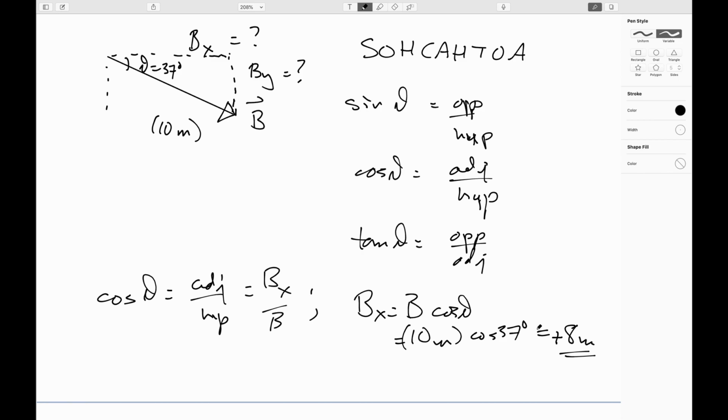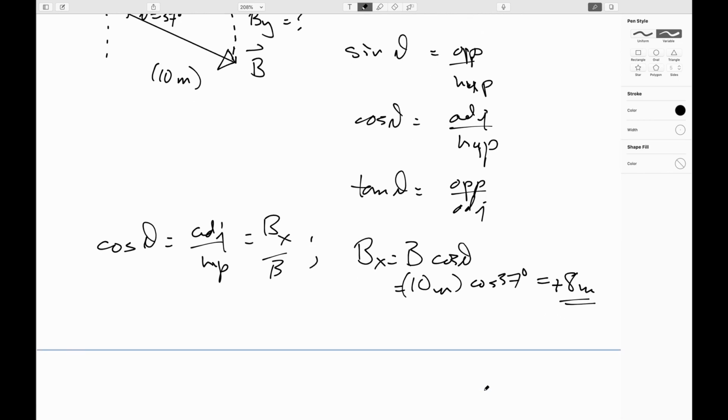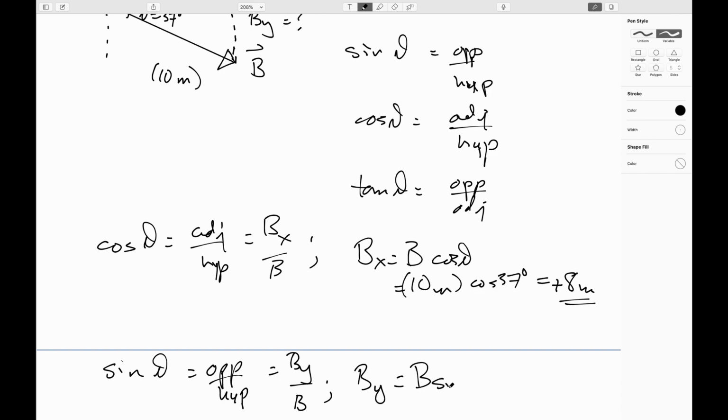So let's go ahead and find By by the same logic here. So By, I'm looking for the opposite. So that would be a sine. So sine theta is opposite over hypotenuse. So there'll be By over B. And so By will equal B sine theta.